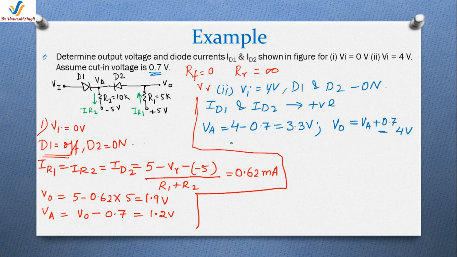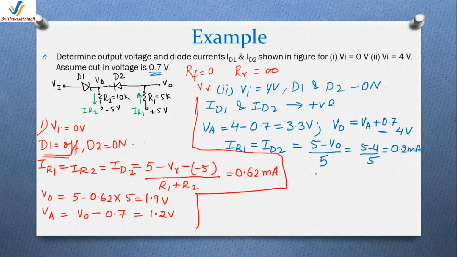Using this, IR1, which equals ID2, is given by using the KVL: 5 minus the output voltage upon the resistance, that is 5K. So it is 5 minus 4 upon 5, and calculating this, it is 0.2 milliampere.